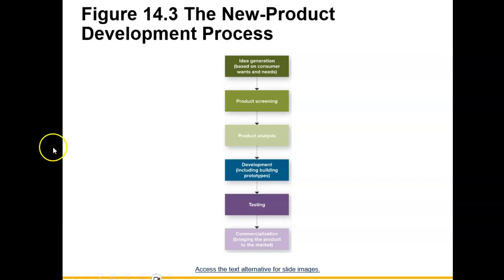Here we have the new product development process: idea generation, based upon the needs and wants of our consumers; product screening, where we screen different products to get feedback; product analysis, where we look at the data; developing new prototypes; testing the actual product; and then the last step is commercialization, bringing the new product to market.